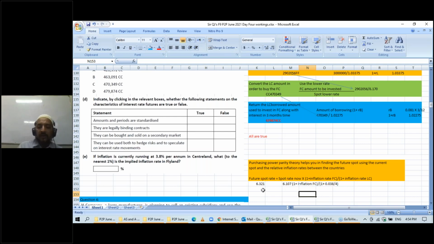So by solving this equation, you will get the inflation rate in the foreign currency, which is equal to 0.1368. And they say to give it to the nearest percentage.